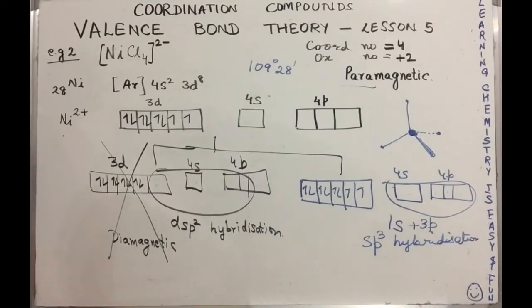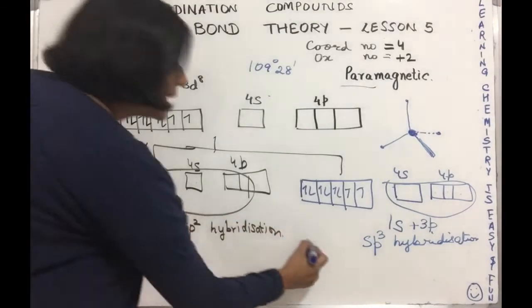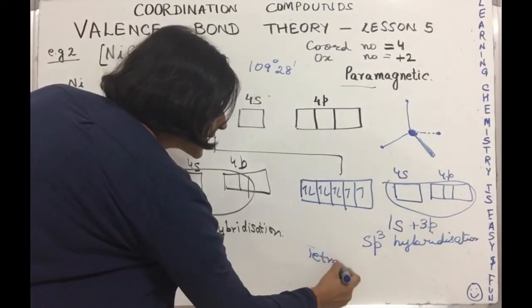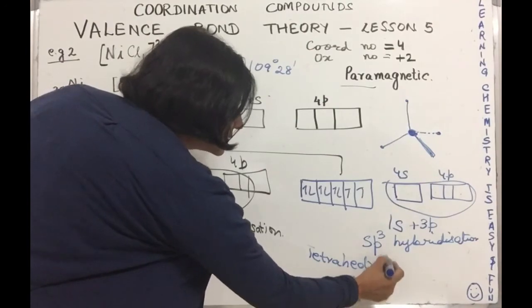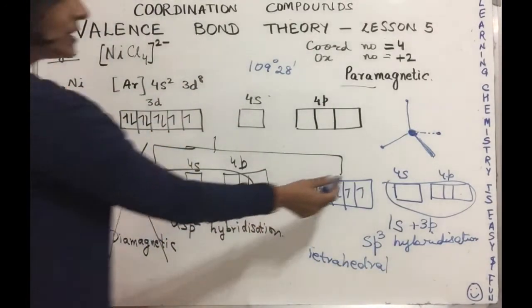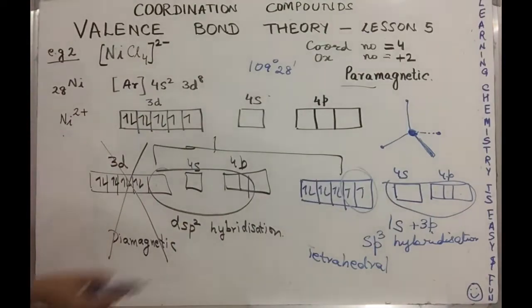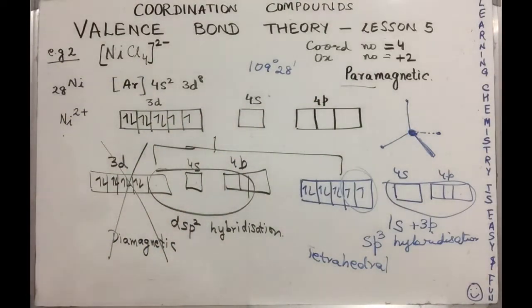It is perfectly in confirmation to the experimental observation where it is found to be tetrahedral, right? And because there are unpaired electrons, it is paramagnetic as well. So you need to understand over here that the valence bond theory is just trying to explain what is already being observed.